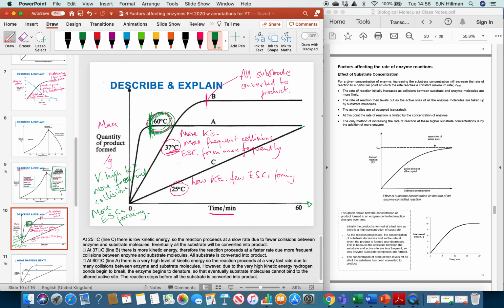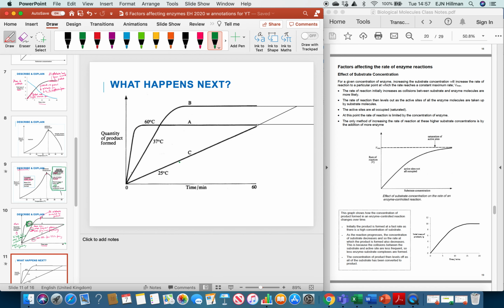So in fact, if you were to continue that for a longer period of time at 25 degrees, eventually that 25 degree line would reach the same quantity of product formed. So at this stage, all substrate has been converted to product. So that is the maximum mass or quantity of the product formed.